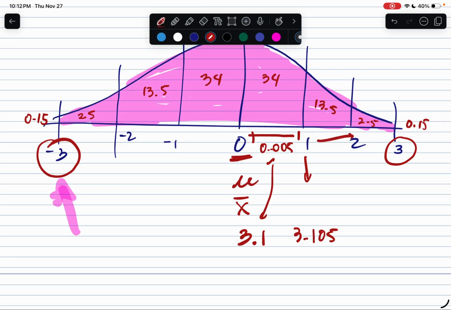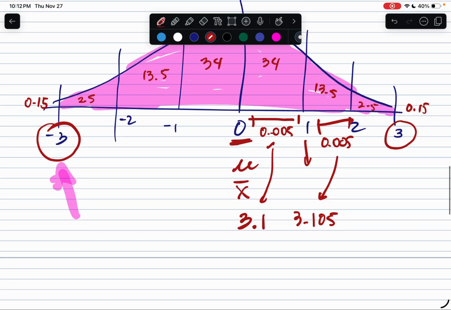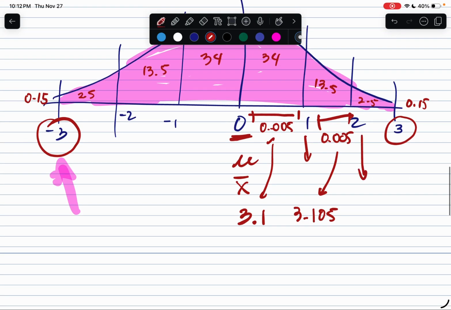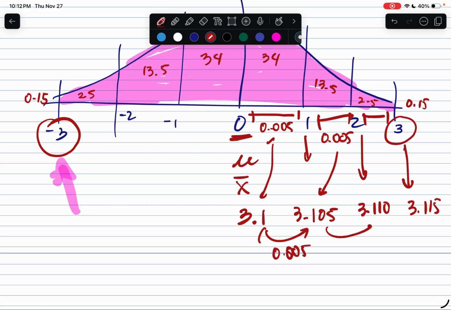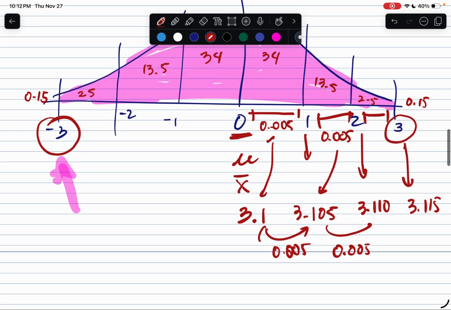And then if you add another one, 0.005 again, the next part would be 3.110. And if you add another standard deviation, the third one should be 3.115. So the difference between these is just 0.005. So you get the idea, right?